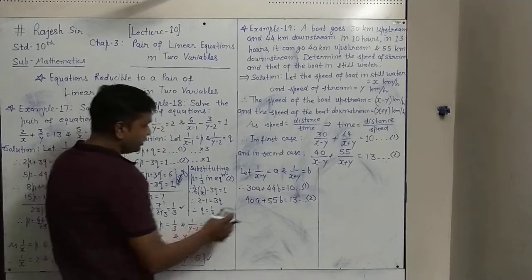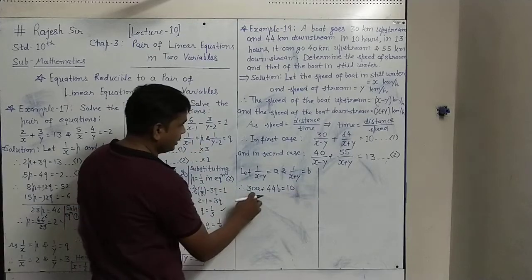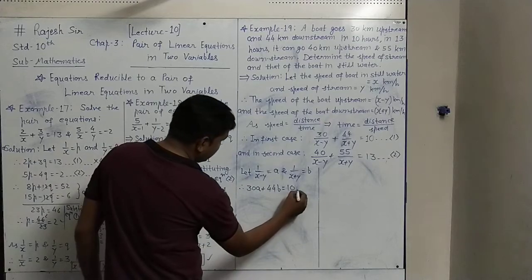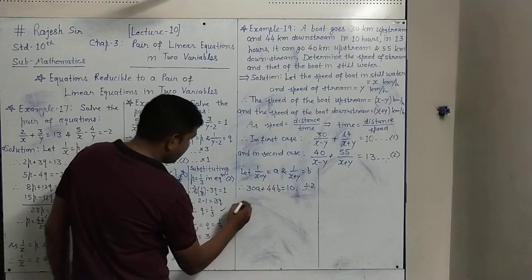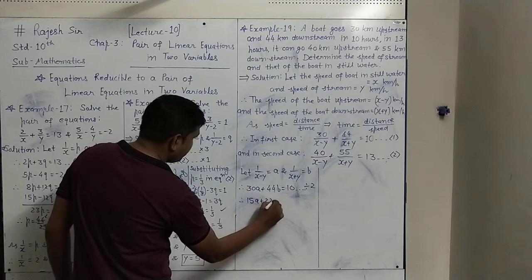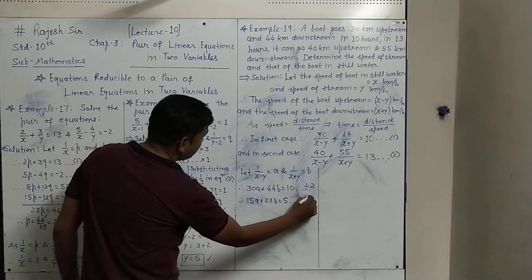One more thing we will do here. As we know, in equation 1, this can be divided by 2, to make it more simple. Divide this equation by 2 first, and it will now be 15a plus 22b equals 5. Say this as equation number 1 now.